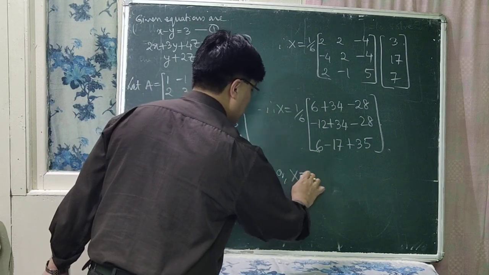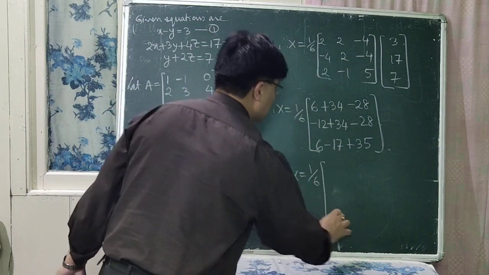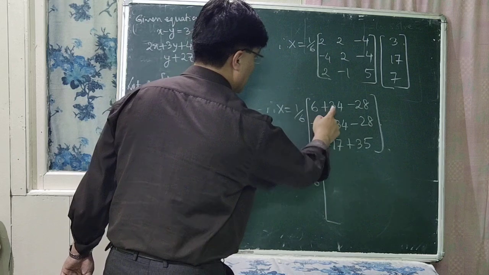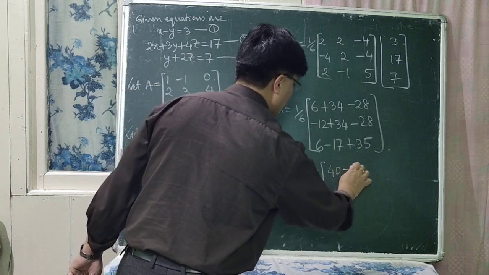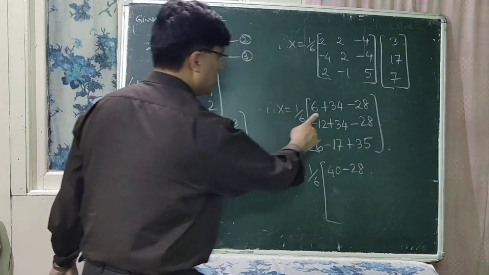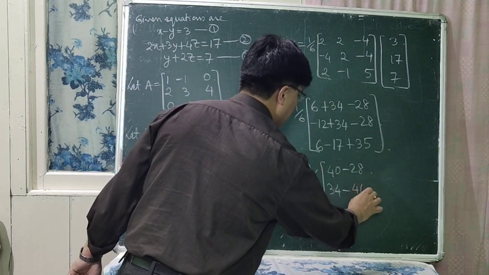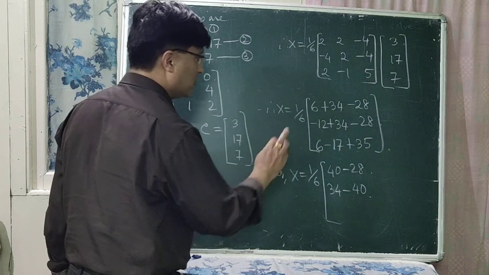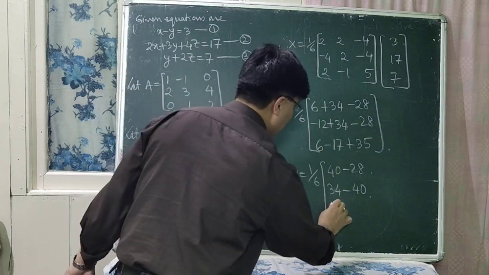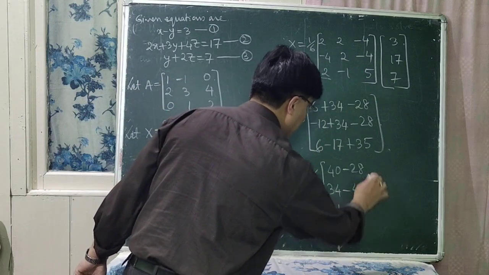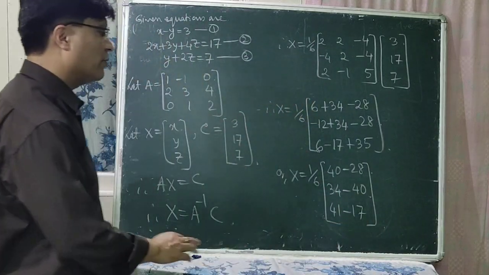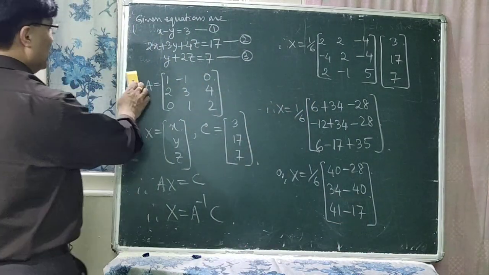Or capital X is equal to 1 by 6. Now simplify it. This is 40 minus 28. This is 34 minus 40. Next one is 41 minus 17, that is 35 plus 6 is 41, minus 17.